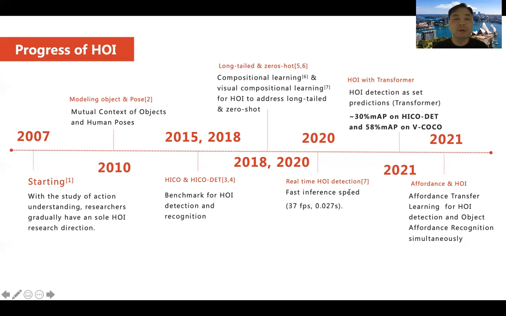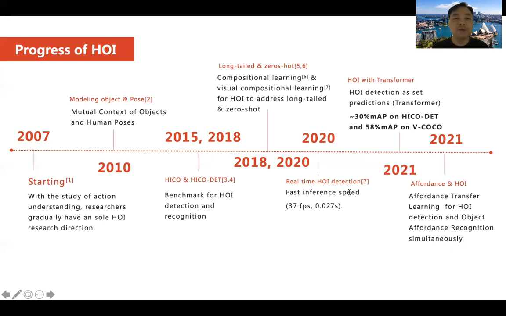In CVPR 2021, Masato and his colleagues introduced a query-based pairwise human-object interaction detection method based on transformer. Specifically, each query in the method is designed to capture one whole human-object pair rather than a human or object instance.